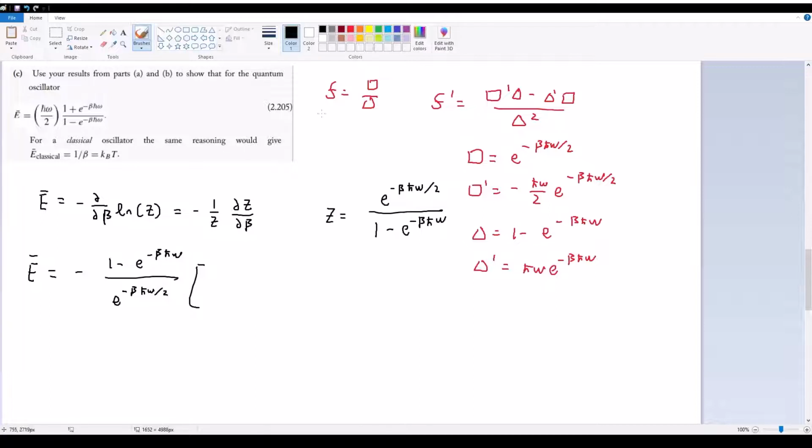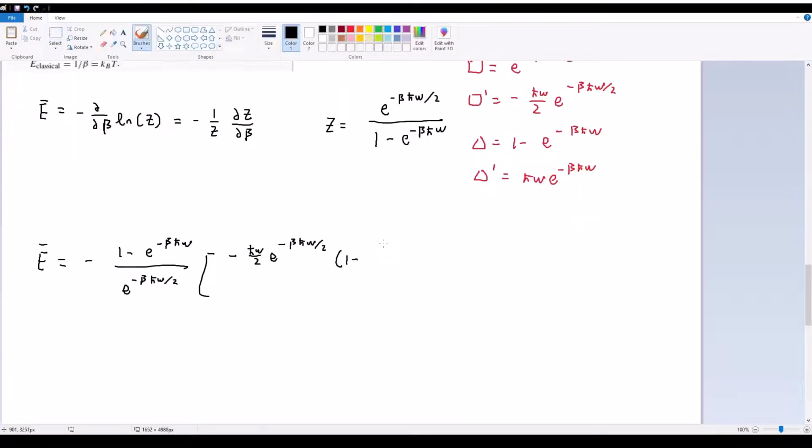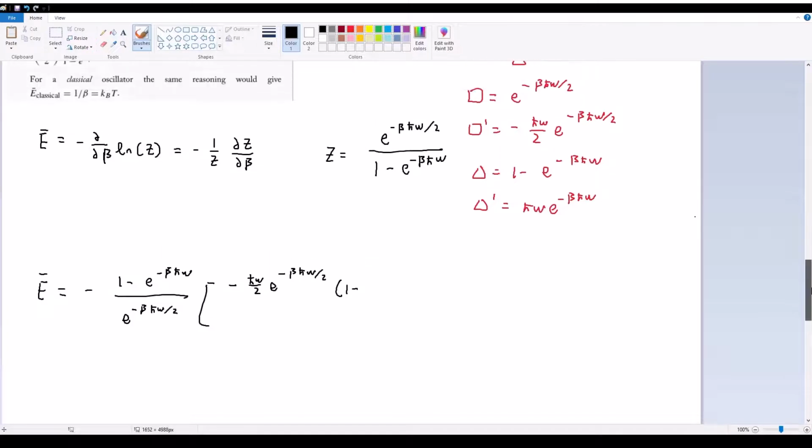Okay, so if we write it like this, we have box prime, so negative h bar omega over 2 times e to the negative beta h bar omega over 2, times triangle. Let's move this down a little bit to make it less crowded. So box prime times triangle, which is 1 minus e to the negative beta h bar omega, minus triangle prime times box.